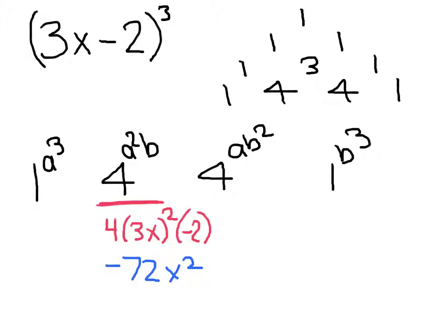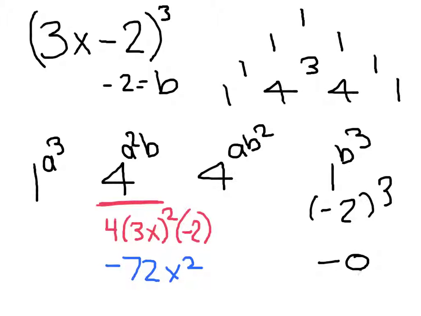But when I look at like substitution for this one, in this case, -2 stands for b. And so when I take -2 and I cube it, that's going to be -8. For this first one, I'm taking 3x and substituting it in for a. 3 cubed is 27, so that's 27x cubed.